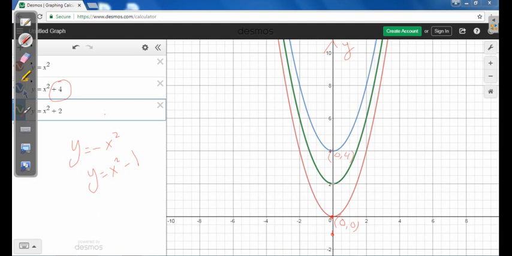So let's graph that. What would be my vertex? (0, negative 1), that's right. And we call that vertical translation 1 unit down, okay? Because compared to x squared, it went down.